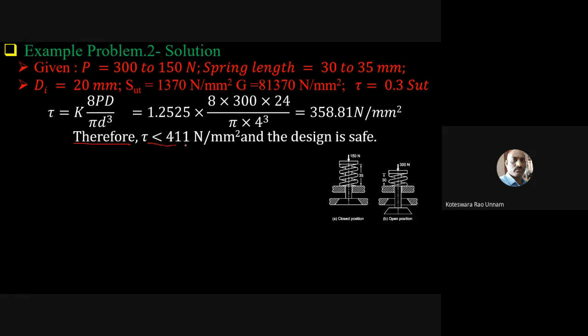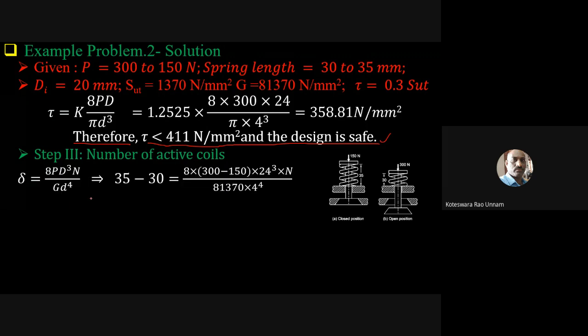Therefore, tau is less than 411 Newton per mm square. The design is safe. Then we need to calculate the number of active coils. This is the formula for the number of active coils. Like I already said, the delta formula is 8PD cube n by G d power 4, and this is what we are going to use here.